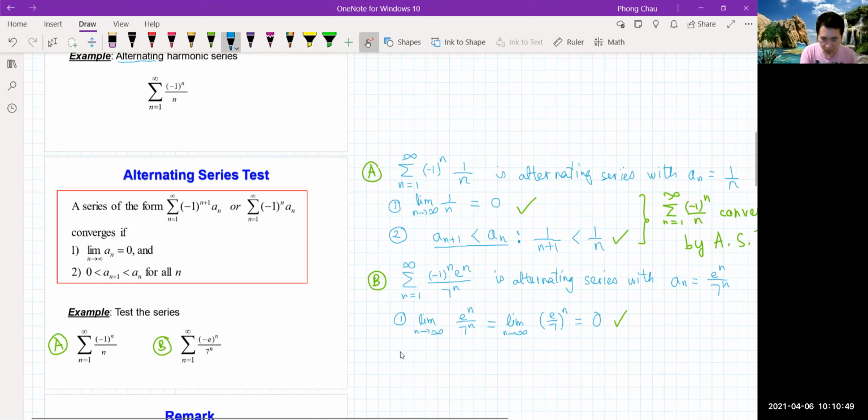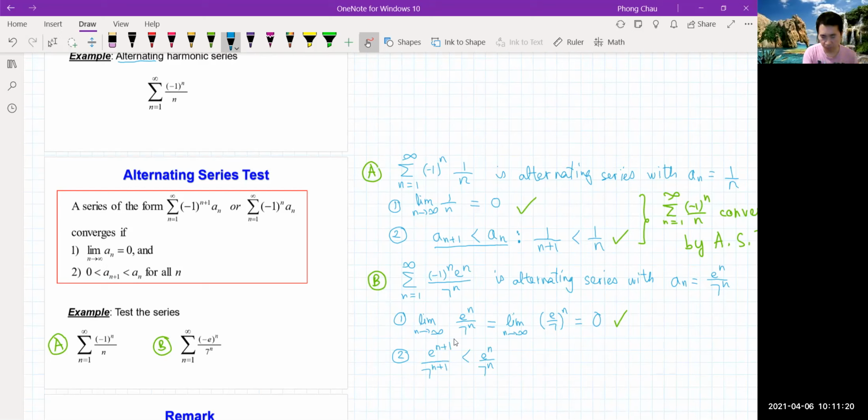For condition 2, we check a sub n plus 1 less than a sub n. Now again, what's a sub n? A sub n is e to the n over 7 to the n. All right, so what's a sub n plus 1? We replace the n with n plus 1. That's e to the n plus 1 over 7 to the n plus 1. Okay, now which side is bigger?